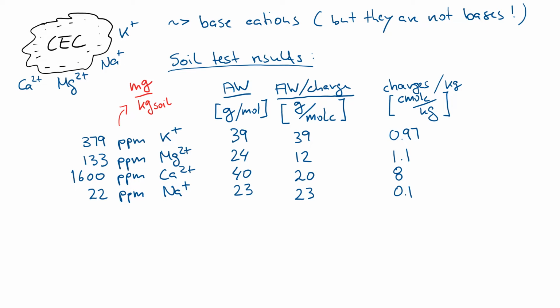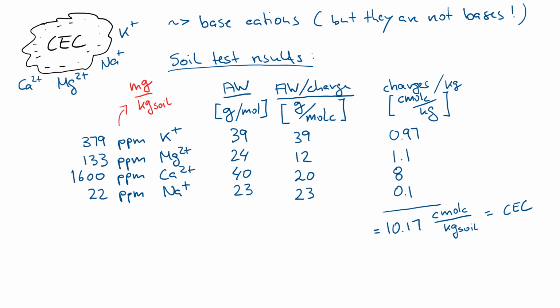So now we can add up the individual charges per kilogram of soil for these four cations, and we get to about 10 centimoles of charge per kilogram of soil, which for this soil equals the cation exchange capacity. And we would call this the CEC by bases method of determining cation exchange capacity of soil.